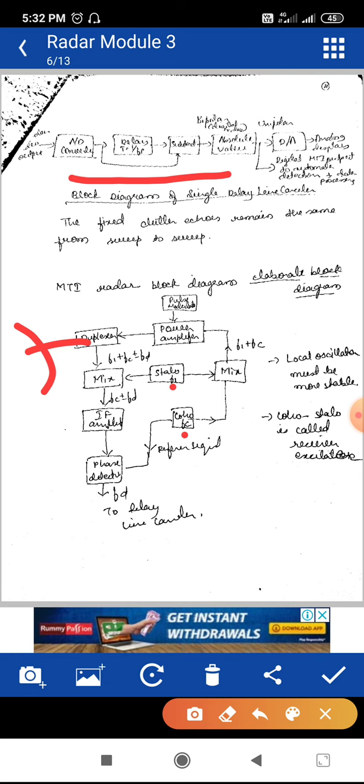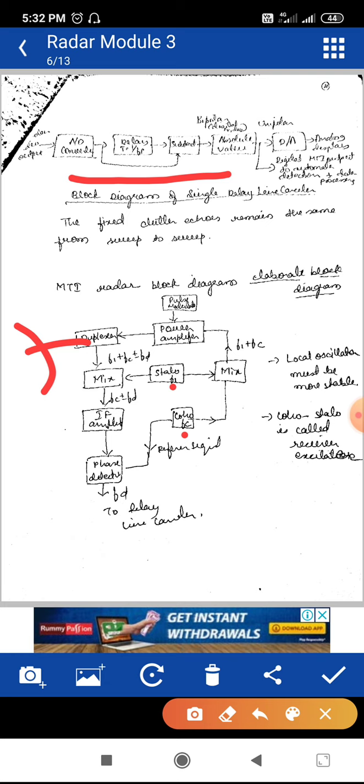That we again mix, taking the reference from the transmitter itself, that is STALO. We are going to mix with the STALO frequency, which is nothing but your FL. Then after the mixer stage, again at the IF amplifier stage, before the phase detector. The IF amplifier is nothing but your matched filter, which increases the signal to noise ratio here.